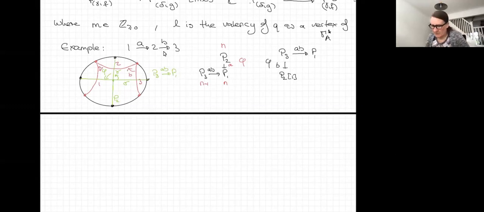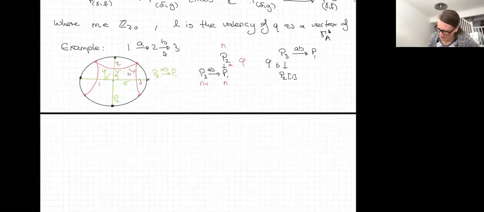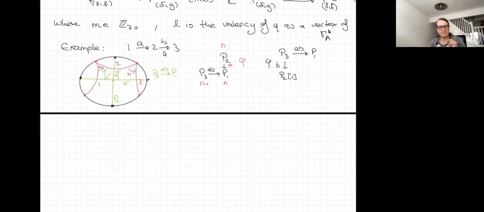Sorry, I drew them the wrong way around. Apologies. So this goes from 2 to 3, that's B, and then of course from 1 to 2, and that's A. Okay, so these are our maps.